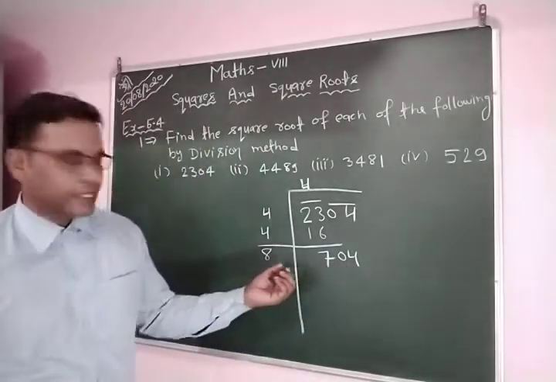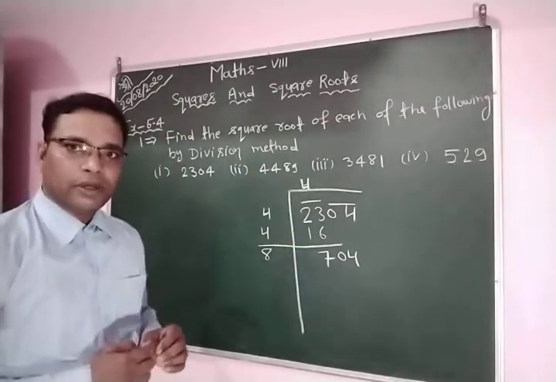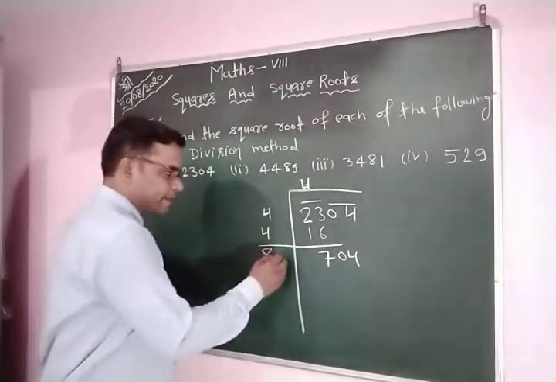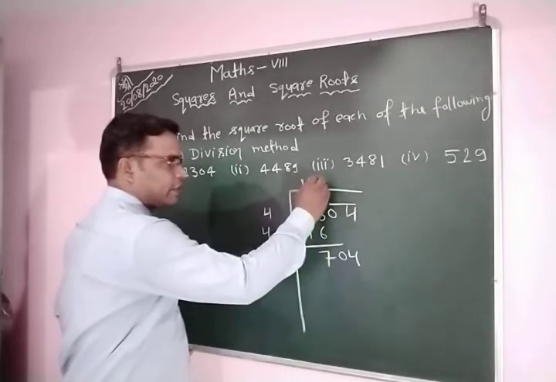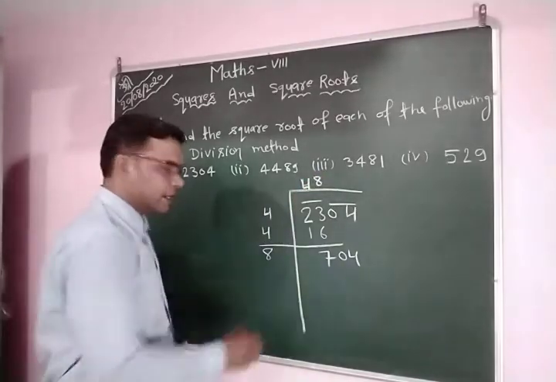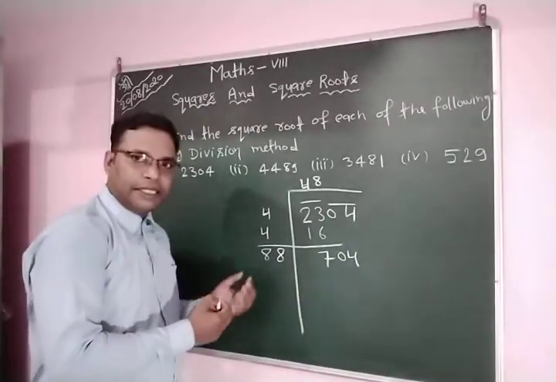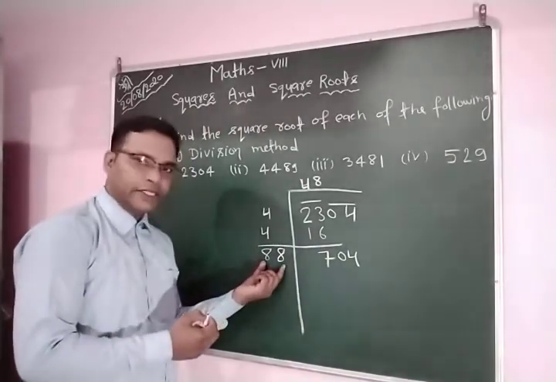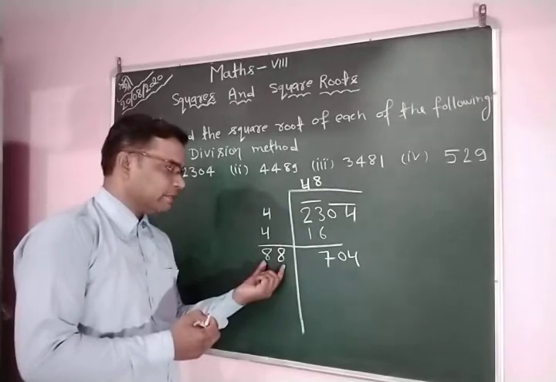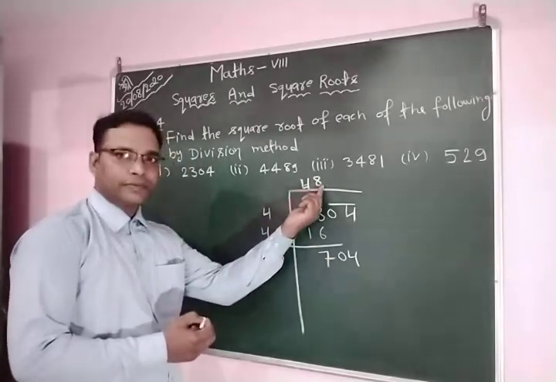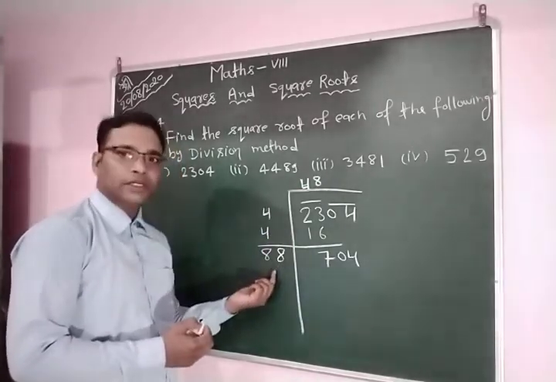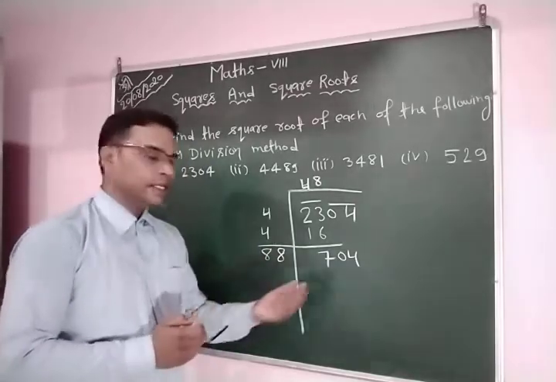Now we select a number to write here. We multiply it by the new divisor, so that the product is less than or equal to 704.